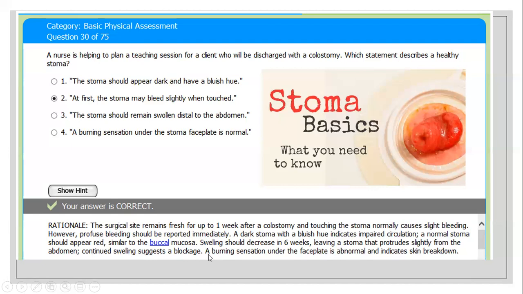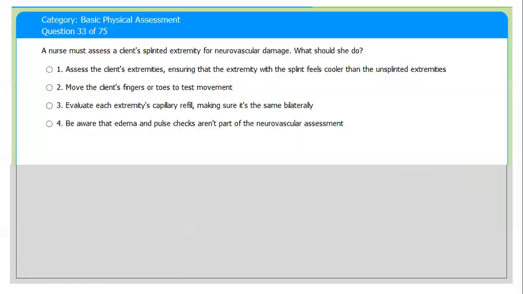A burning sensation under the face plate is abnormal and indicates skin breakdown. Next question. A nurse must assess a client's splinted extremity for neurovascular damage.